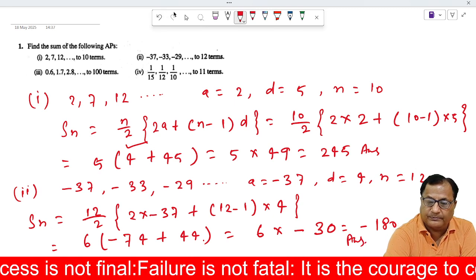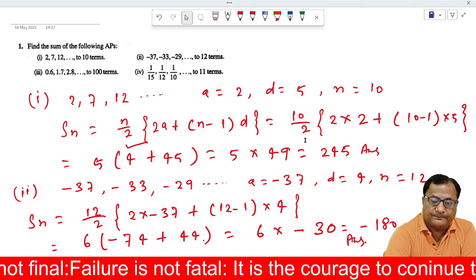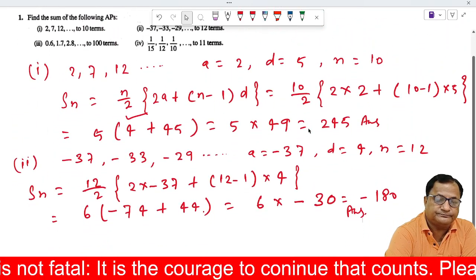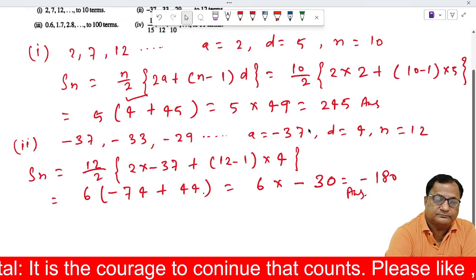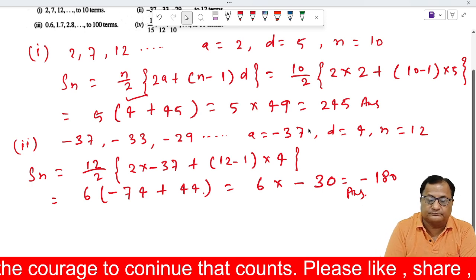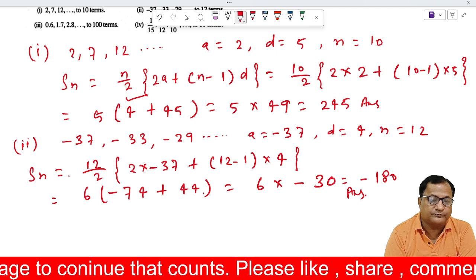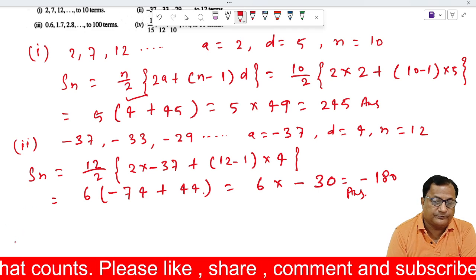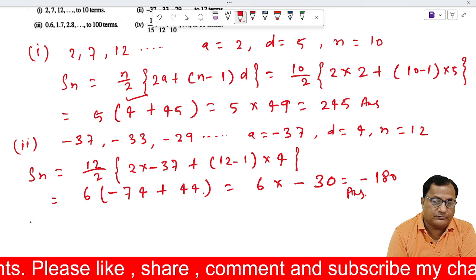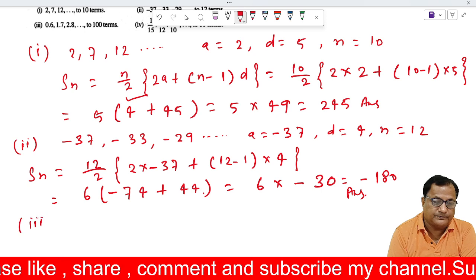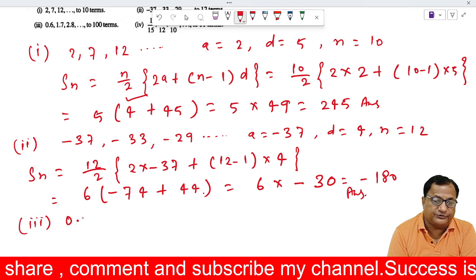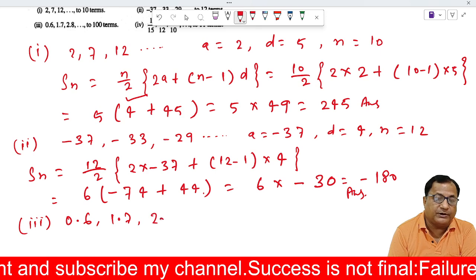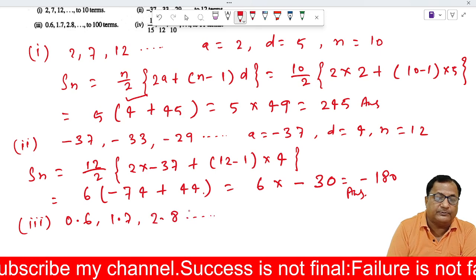Now see question number 3. Question number 3 is 0.6, 1.7, 2.8, and so on, up to 100 terms.